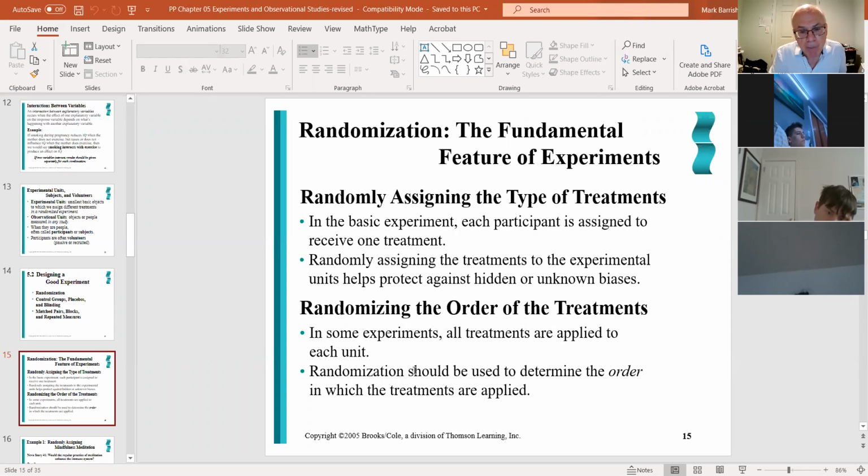You randomize the order in which the treatments are given. So everybody gets all the treatments. Maybe there are 4 treatments. Then you randomly assign the first treatment to be one of those 4, and continue like that until you get all the treatments. So the treatments are randomly assigned in a particular order over time for each person. All right, so that's another way of randomization.